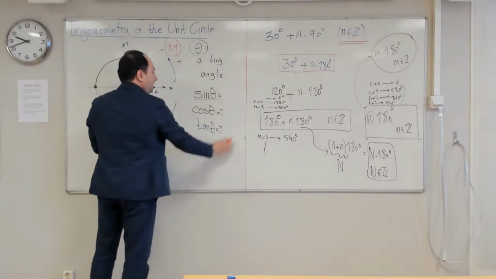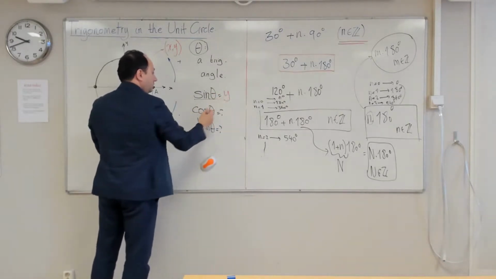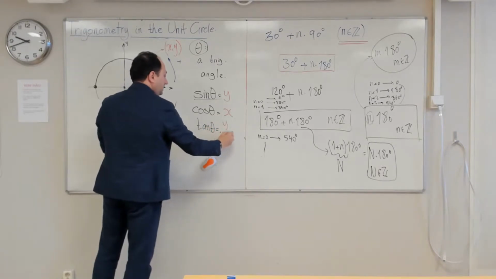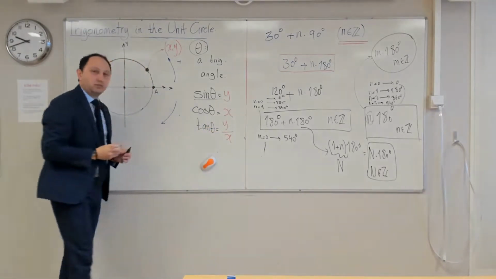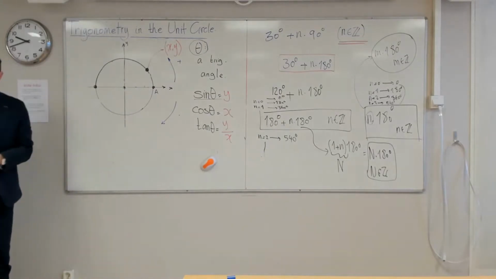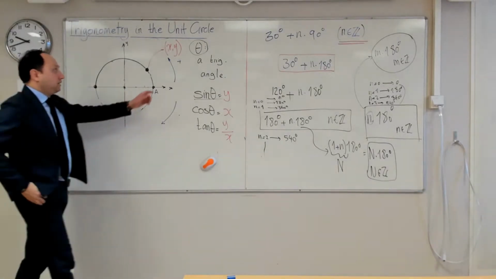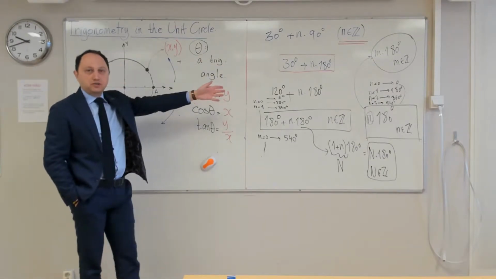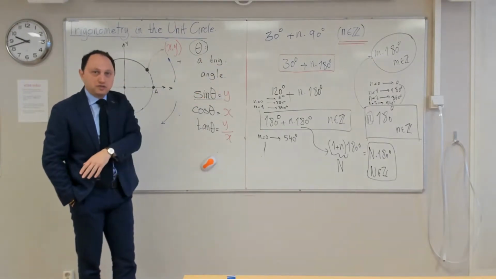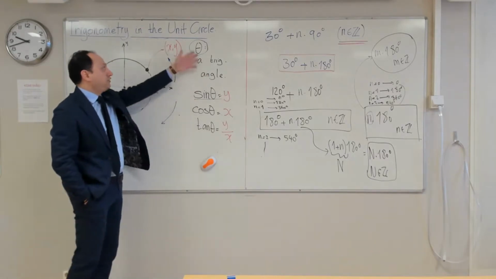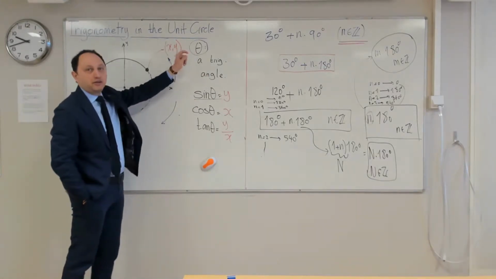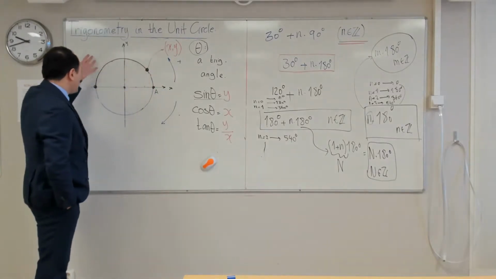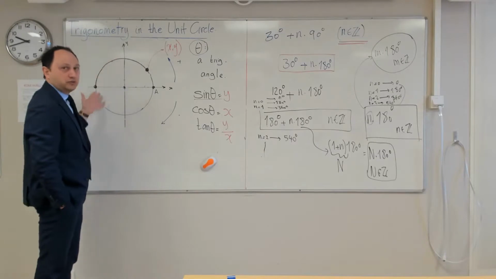We say that sine is y. We say cosine is x. We say tangent is y divided by x. As simple as that. Let me just repeat. I give you a trigonometric angle, positive, negative, greater than 360 degrees, smaller than 360 degrees, doesn't matter. You locate the final point of this angle on the unit circle. It is clear you end up somewhere on this unit circle.